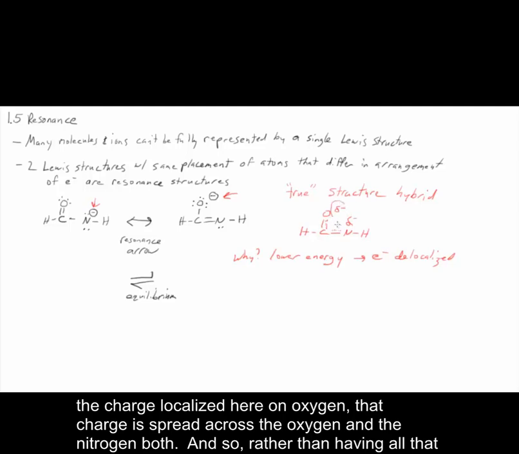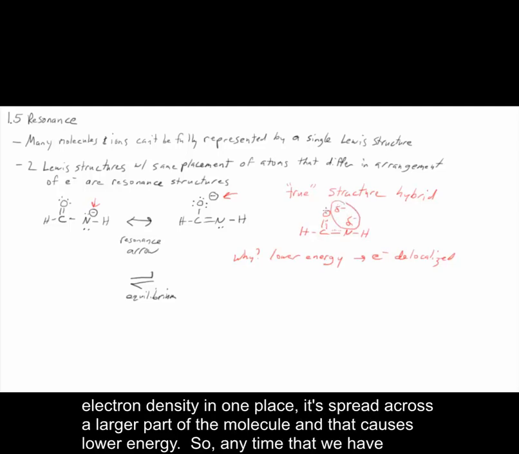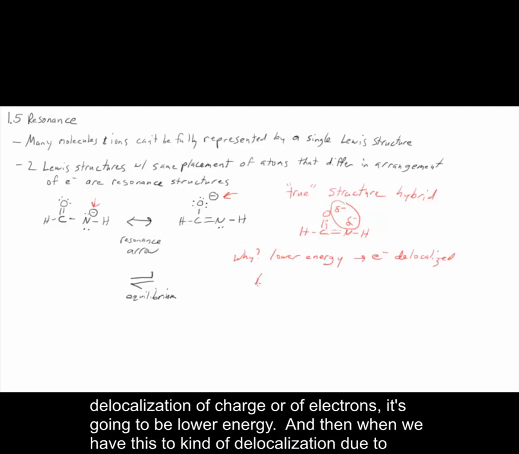And so rather than having all that electron density in one place, it's spread across a larger part of the molecule. And that causes lower energy. So anytime that we have delocalization of charge or of electrons is going to be lower energy.